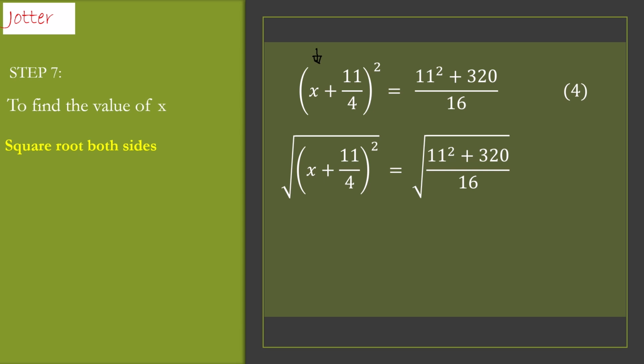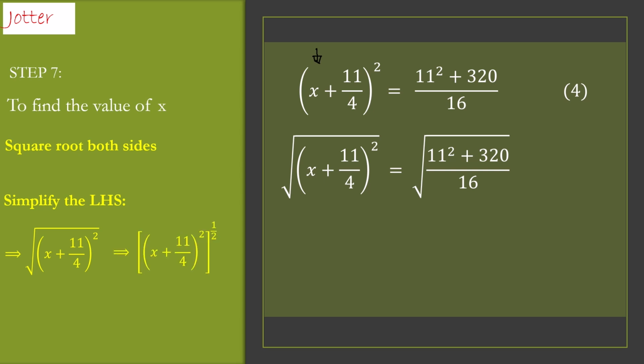Looking at the square root on the left hand side, we can simplify by turning the square root to power of half, because square root is power of half, and so we're going to have this. So this square root sign here is now translated to power of half.